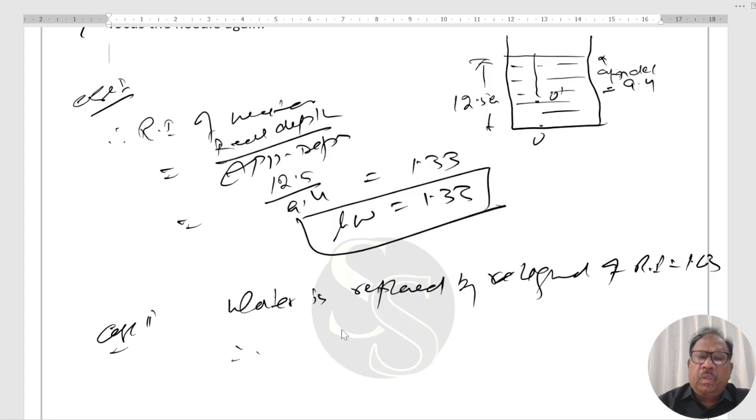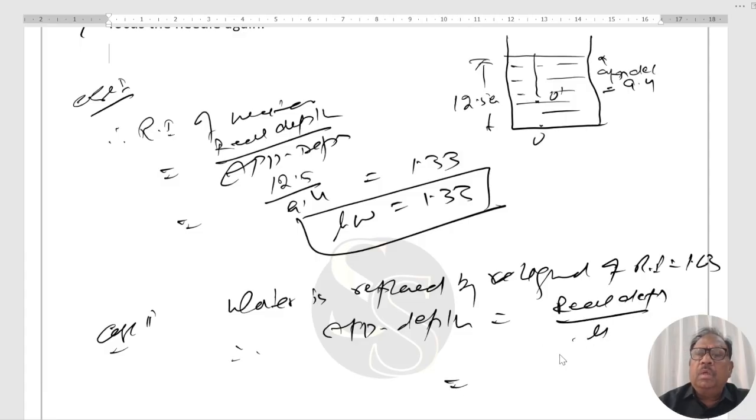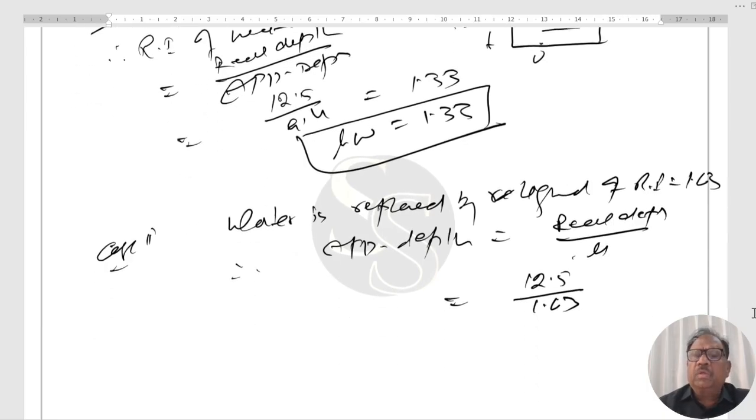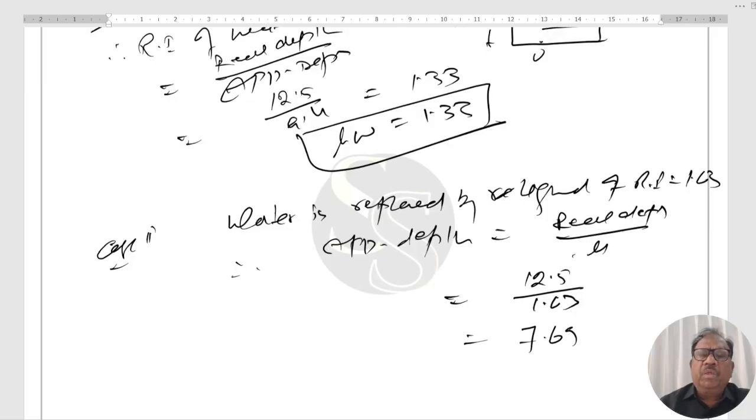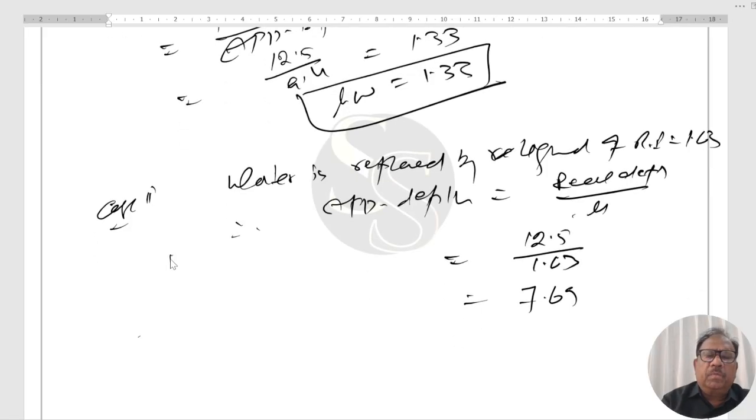Therefore, apparent depth will be real depth upon mu. Real depth is 12.5 centimeter, mu is 1.63. On simplification, this comes out to be 7.69 centimeter.